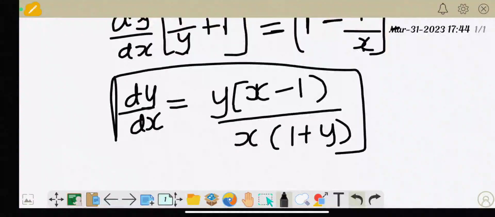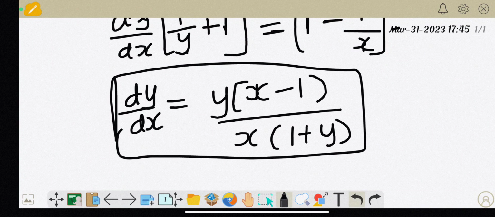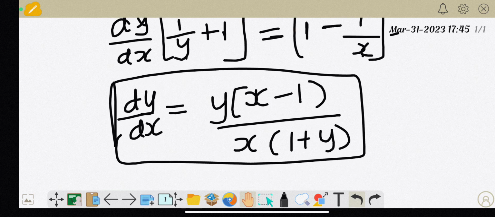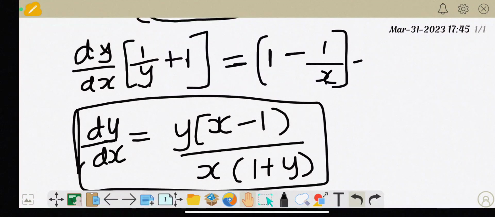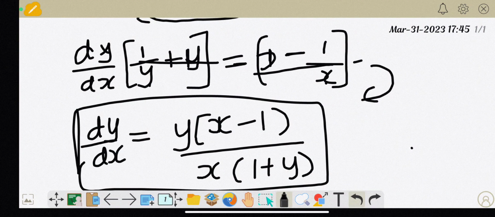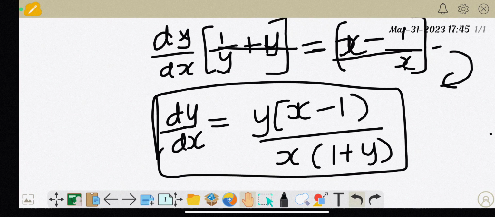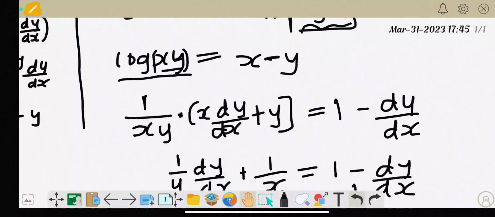How did I simplify this? I have written directly, one step I have skipped. So I hope you have understood this. Just solve this. y denominator will be common, here x denominator will be common, then just take LCM, you'll get the answer. Then just simplify, take it to the other side, you'll get the answer. Okay, this is how you solve.